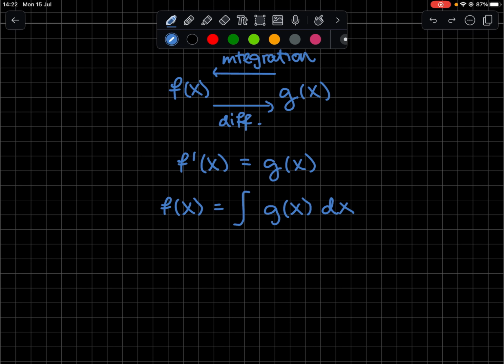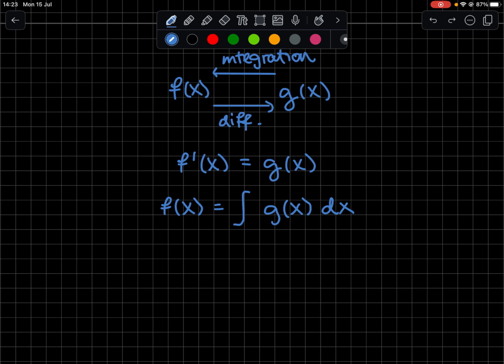So for example, if it was g as a function of n, then we would have a dn after our integral. Whatever variable the function is of, you write that variable here after the d, so that we know what to integrate with respect to.